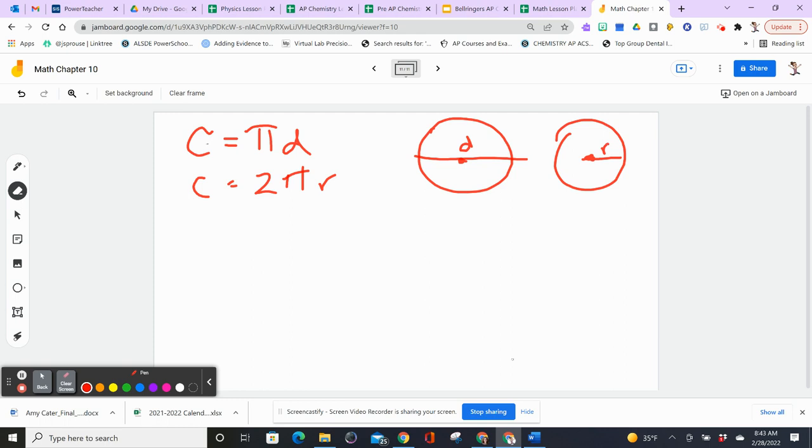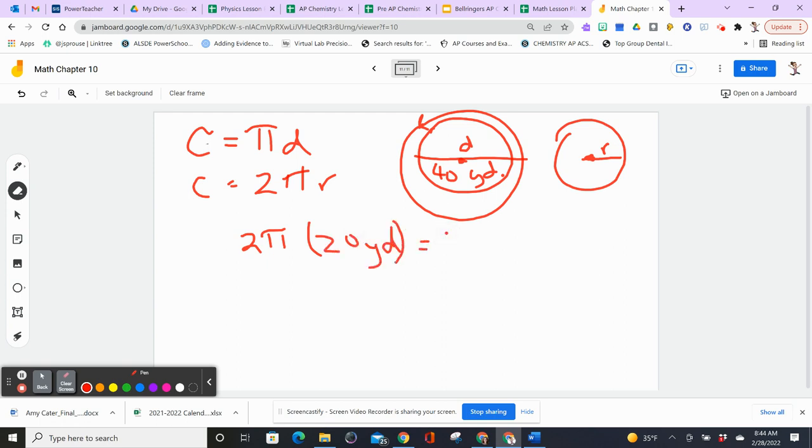Okay, so let's look at an example for that. Find the circumference of a circle on page 1050 if its diameter here is 40 yards. Circumference is the distance all the way around a circle. So we're going to take 2 pi times the radius, which would be 20 yards.